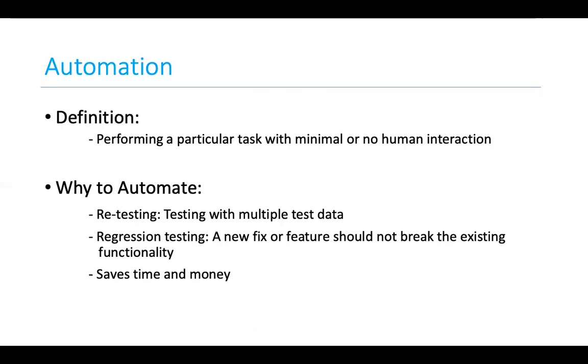That's how you save a lot of time and money. There can be hundreds of test cases which, when executed manually, need many resources. When you write a script, you don't need too many resources to execute the test cases. These are a few advantages of automating test cases.